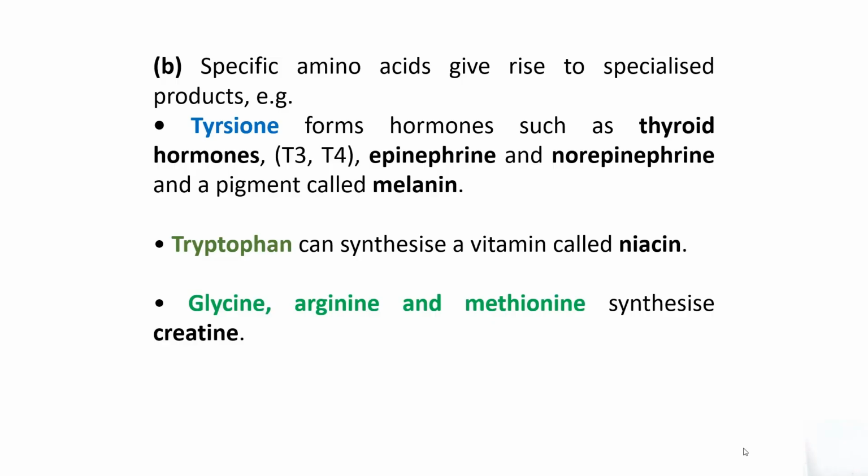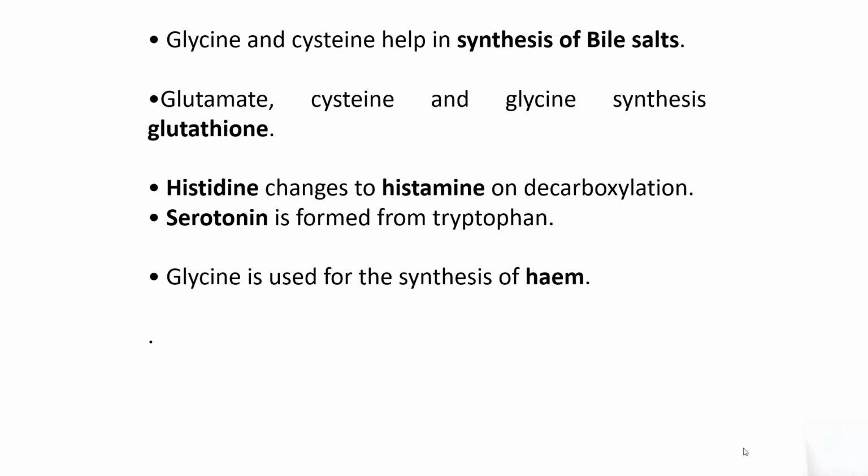Tryptophan can synthesize a vitamin called niacin. Glycine, arginine, and methionine form creatine. Glycine and cysteine help in synthesis of bile salts as well. Glutamate, cysteine, and glycine synthesize glutathione. Histidine changes to histamine by decarboxylation.